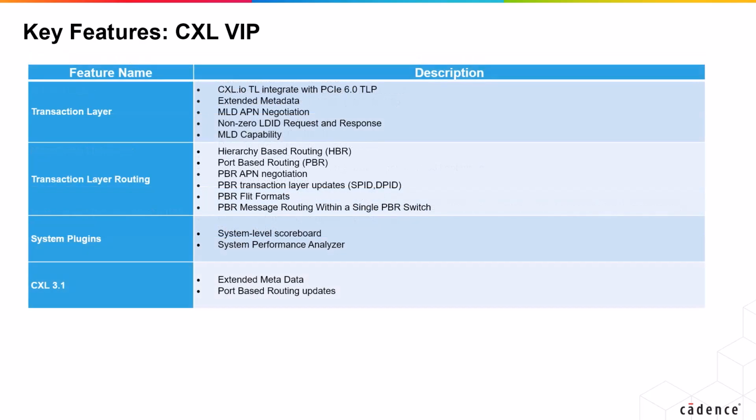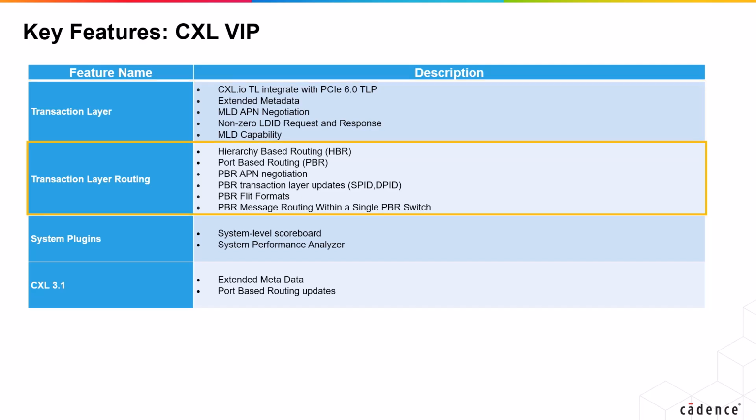This slide is a continuation of the previous slide and includes transaction layer, system plugins and CXL 3.1 features. Transaction layer supports various features as follows. The VIP CXL.io transaction layer integrates with PCIe 6.0 TLP. It also includes extended metadata, MLD APN negotiation, non-zero LDID request and response, and MLD capability. The transaction layer routing has many sub-features as follows.